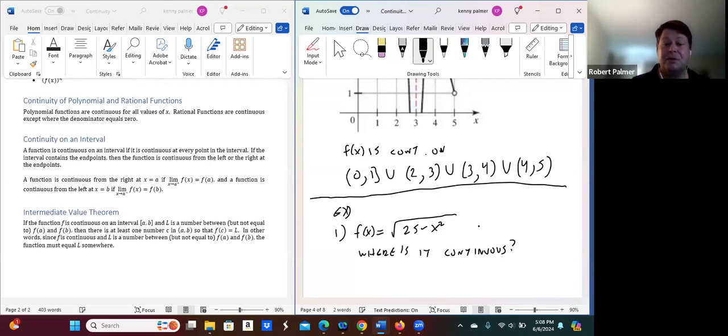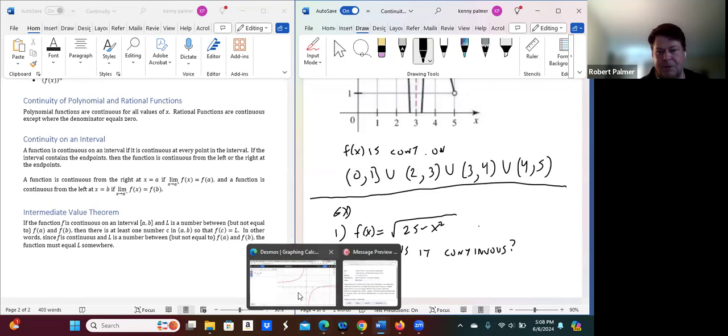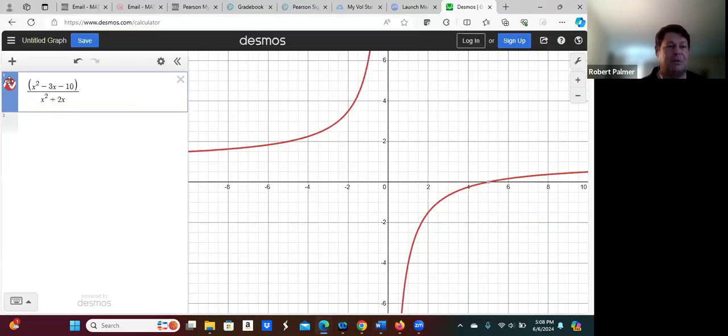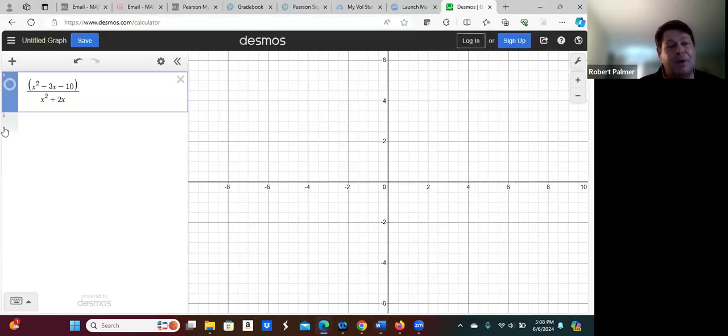Okay, so once again, first, let's graph it. That's going to help us get an idea of what to expect. So let's go back to Desmos. I'm just going to turn this one off. We're going to come back to it at some point. Let's go down here to number 2, and then we're going to do square root.